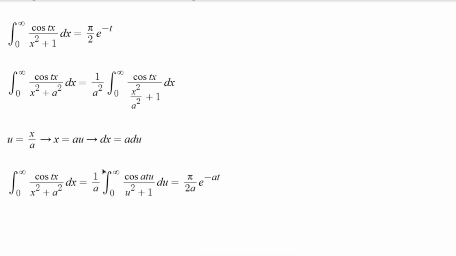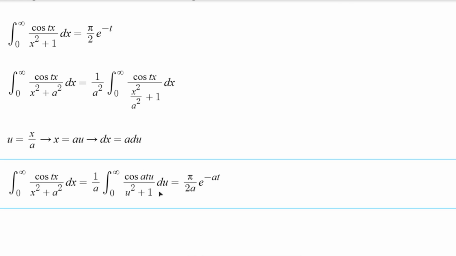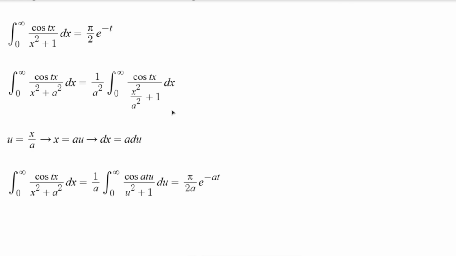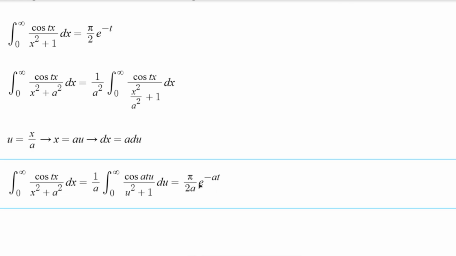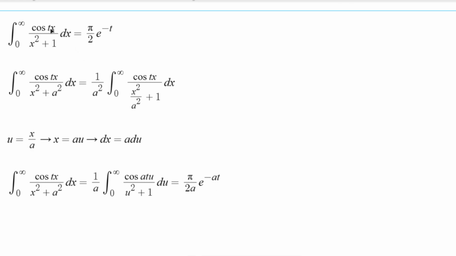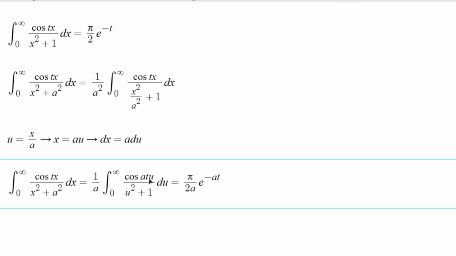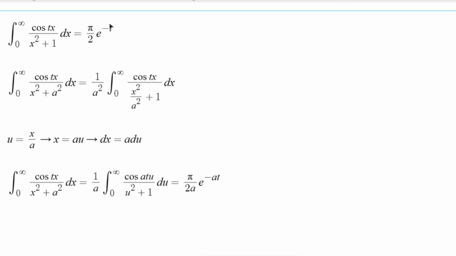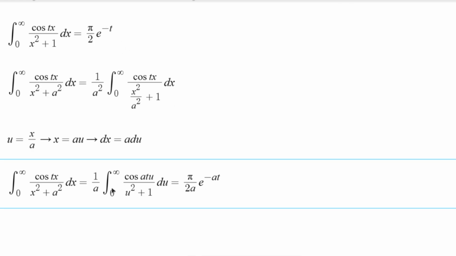All I do is plug in the substitution right here, and that's going to be equal to pi over 2a times e to the negative at. That just comes directly from our starting known value. Notice we just have tx here. In this case, we have at. So we just replace this t with an at and divide by a.